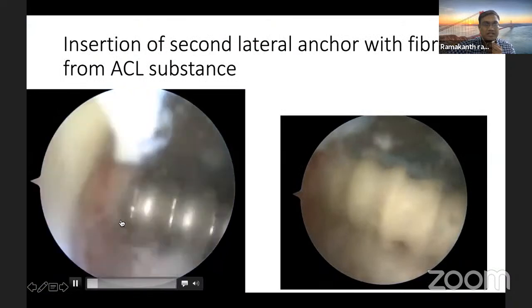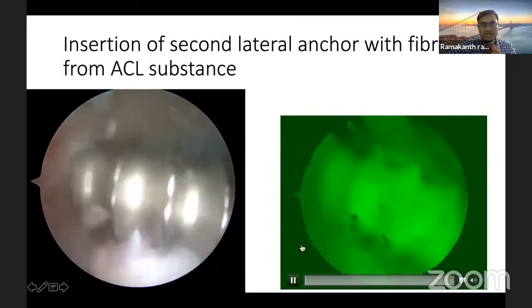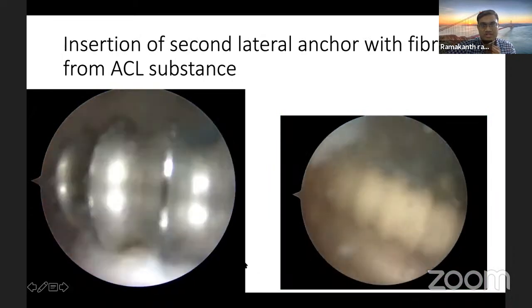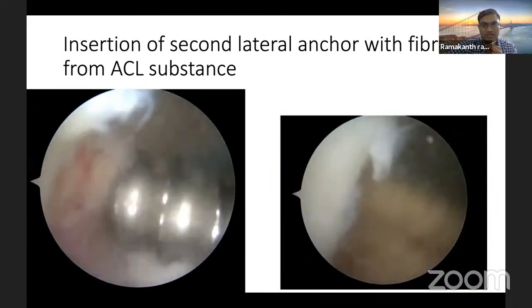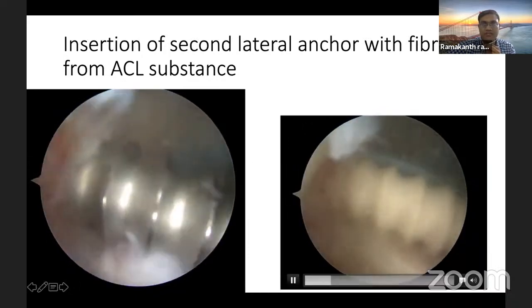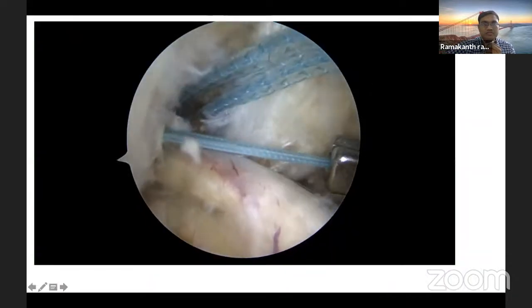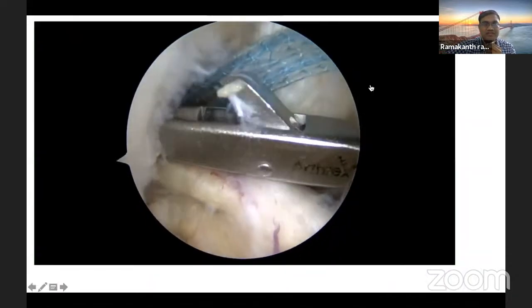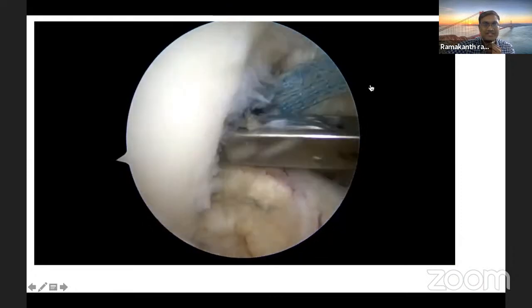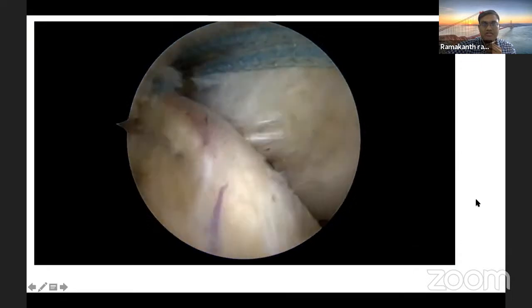Here the bone was hard, so tapping was done, and then the sutures along with the knotless suture anchor were inserted at the PL bundle region. Then the sutures were cut. Here we can see that the fiber tape is still intact with the AM bundle suture anchor.